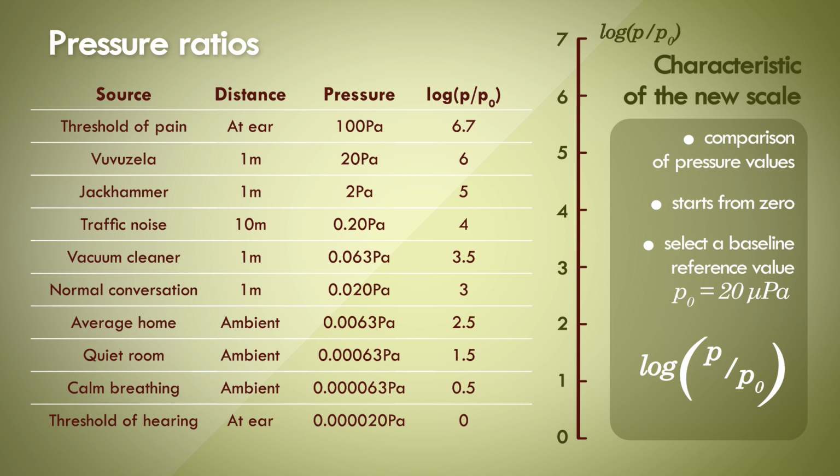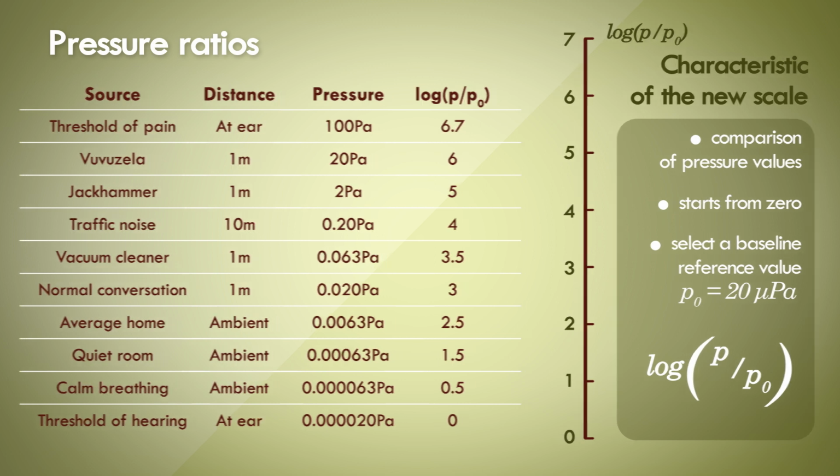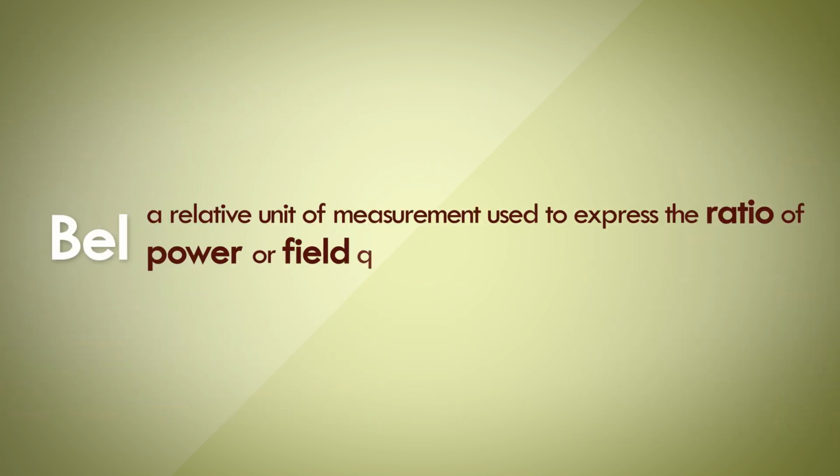Turns out something similar already exists. It's called a bell, and it's a relative unit of measurement used to express the ratio of one value of a power or a field quantity to another on a logarithmic scale. You might wonder how it's similar.